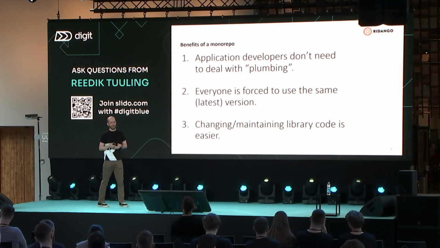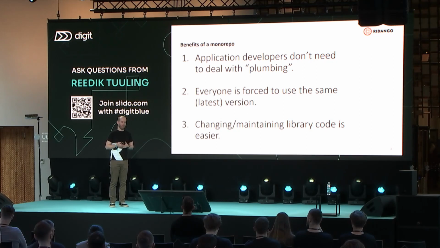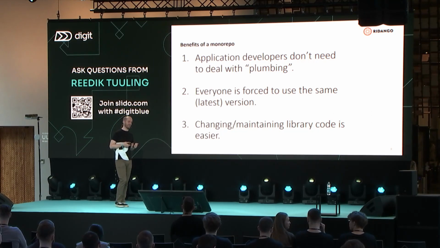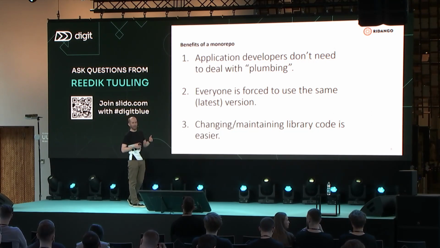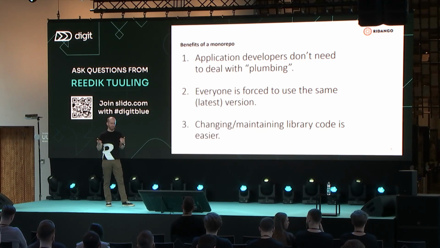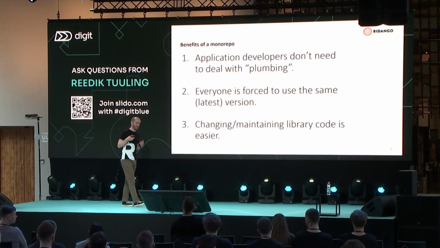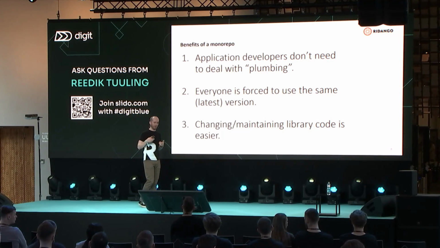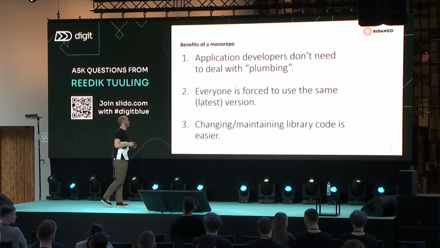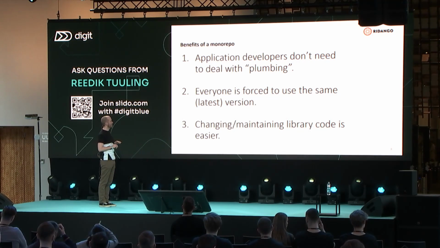If you made a breaking change or something that required your applications to change their code, you had to synchronize all your releases. Otherwise, the other application kind of falls behind. They cannot deploy before this library is updated. So this basically takes care of all of these problems.